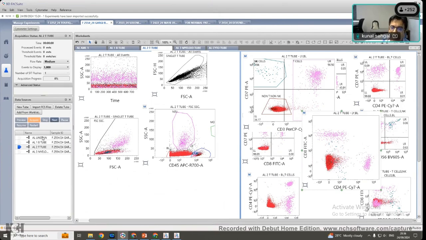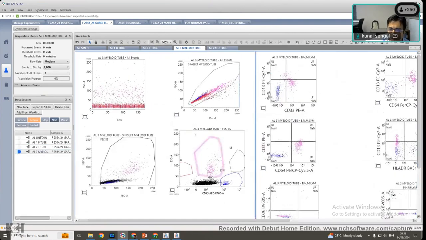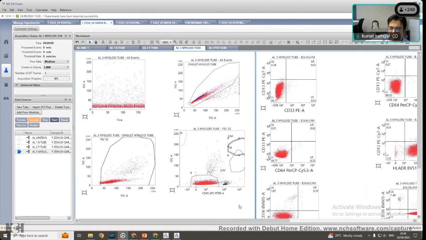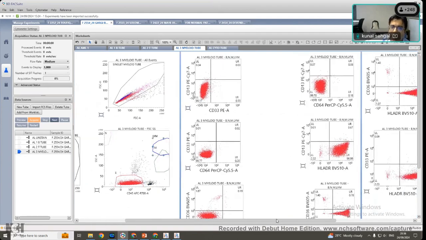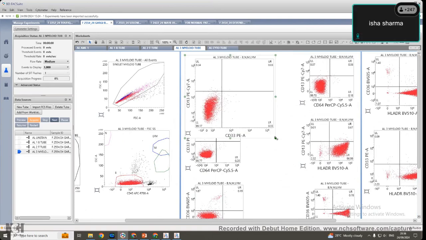Now I have got B markers positive, T markers negative, but I need to go to my myeloid tube. Again, my first job in the myeloid tube is to study normals. So what is normal? How do I know? So I get my blast, and I start seeing my markers. Is anybody CD33 positive in the blast or negative? Negative. How do you know my staff has put CD33 in this tube or not?